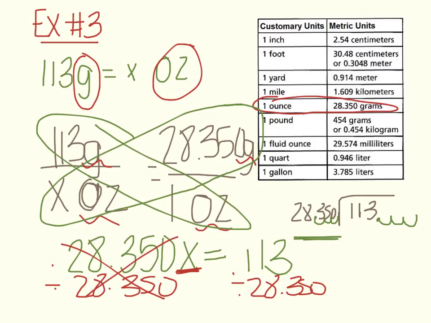So that means we have to add 3 zeros. And 28,350 goes into 113,000 3 times, which is 85,050.